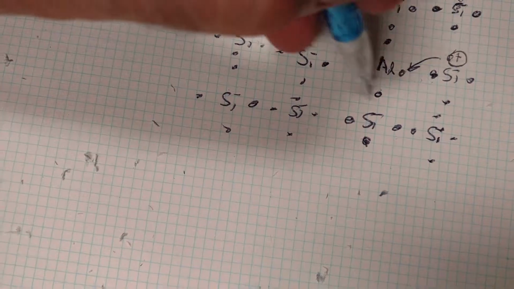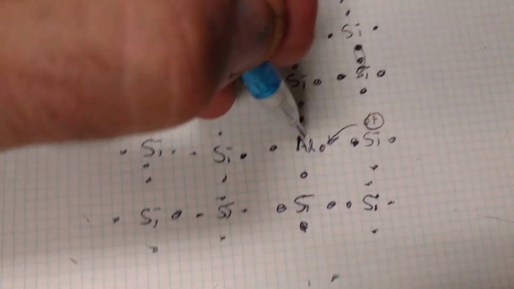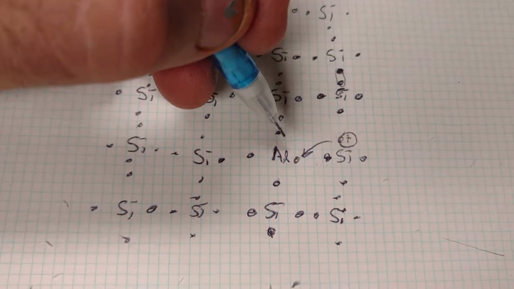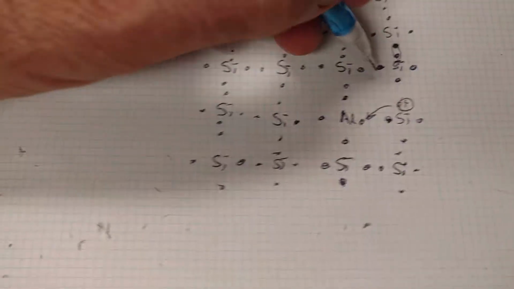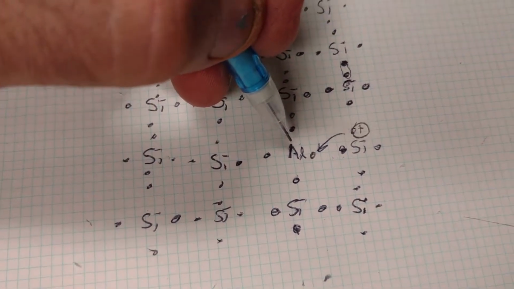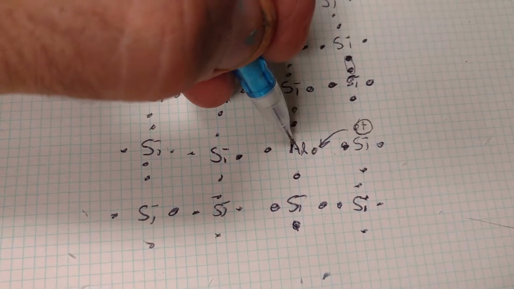Alright, what's the charge where this electron moved in? Sorry, my camera job there. So, it was neutral.